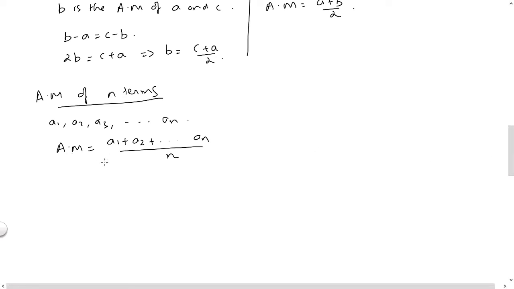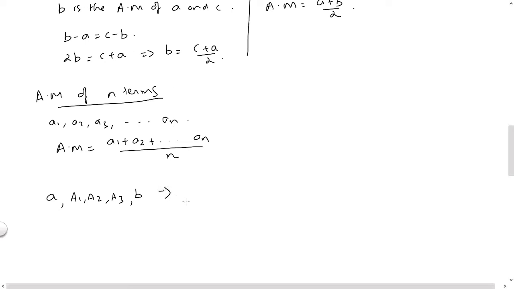Now there can be more than one arithmetic mean between two numbers. Let us consider A and B. Then if we insert three numbers between them, let us call them as A1, A2, A3, such that A1, A2, A3 and B are in arithmetic progression. So what we are doing here is, between A and B we are inserting three terms such that the resulting 5 terms are in an arithmetic progression.